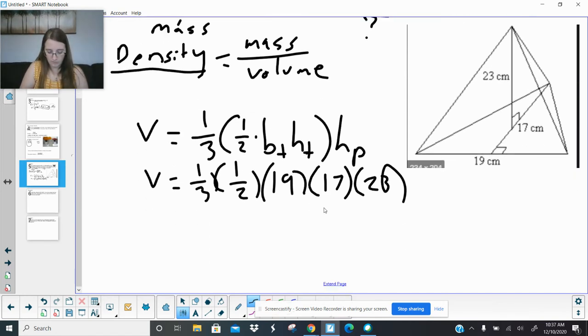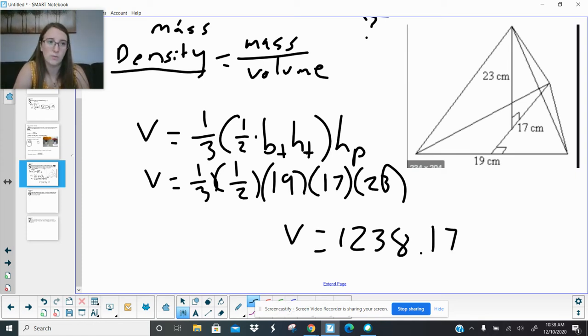So we have 1/3 times 1/2 times 19 times 17 times 23. You should have gotten a pretty big volume. 1,238. I'm going to go ahead and go 0.17 is what that would round to. It's 0.1666 repeating. That rounds to 0.17.